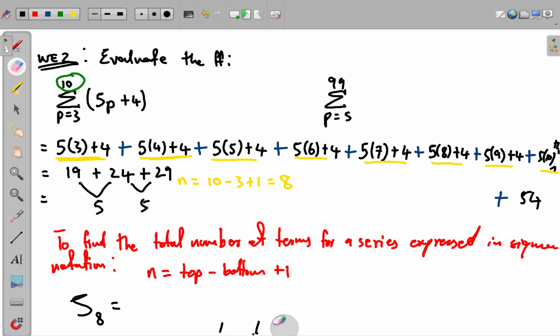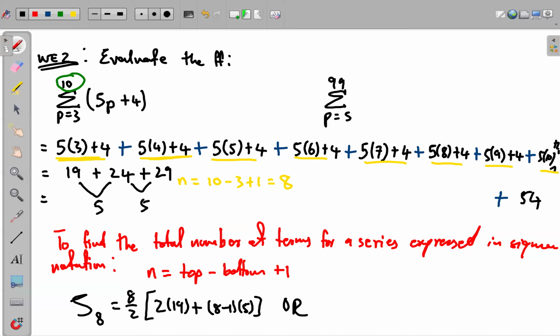So we can actually find S8, and again, it depends which formula you want to use. Whether you want to go 8 over 2 times 2a, which is 2 times 19, plus n minus 1 times d, which is 5. That's quite a long way.